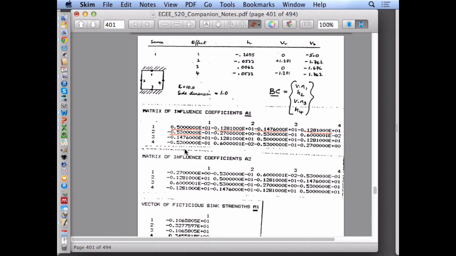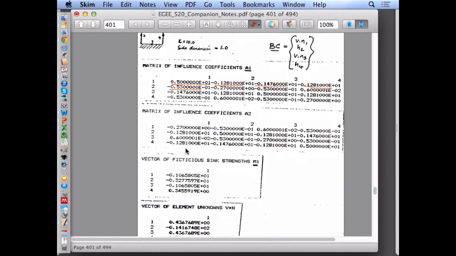If you solve for these values, you get magnitudes of these fictitious sink strengths, which are M1, M2, M3, and M4. So those don't mean anything. Those just happen to be source strengths that we can now calculate.